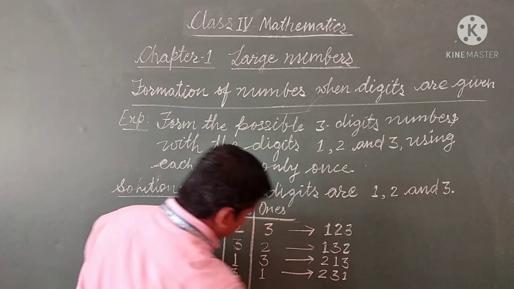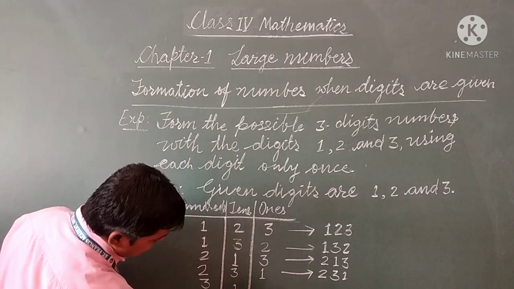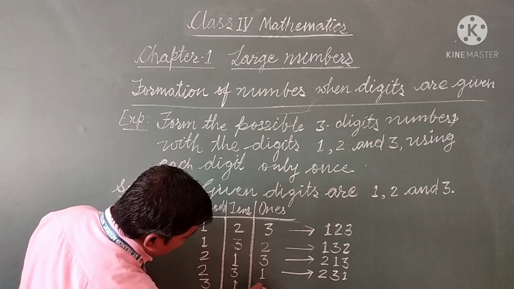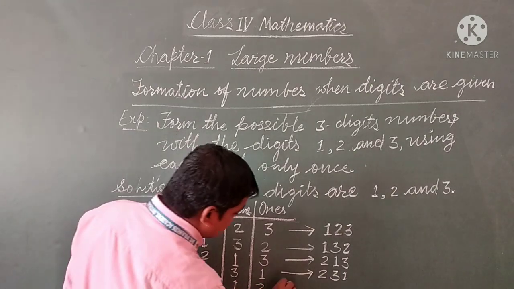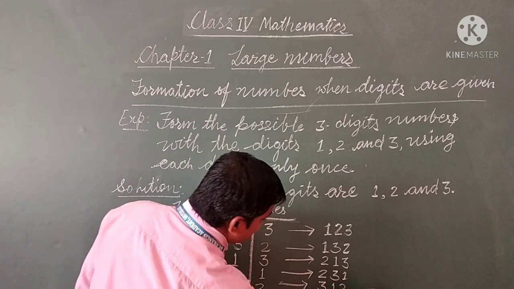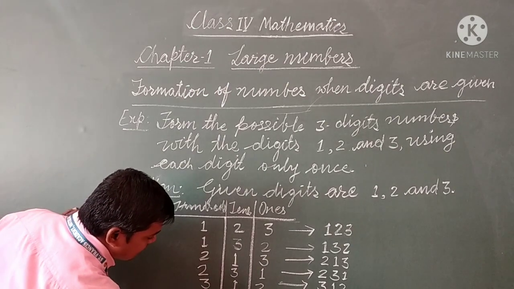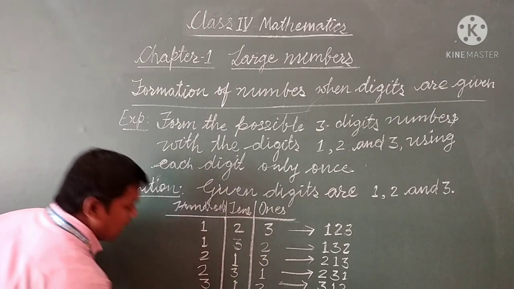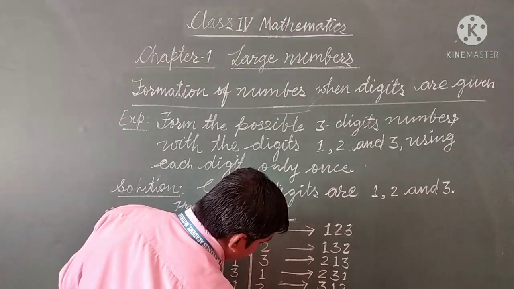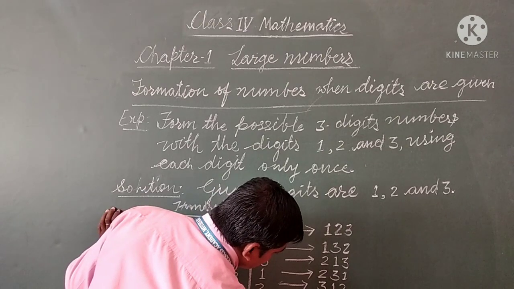If 3 will be at hundreds place, 1 at tens place, and 2 at ones place, then we will have number 312. And if 3 will be at hundreds place, 2 at tens place, and 1 at ones place, then the number formed is 321.